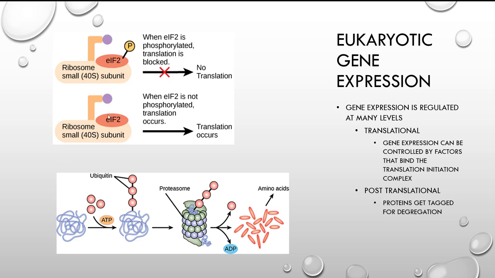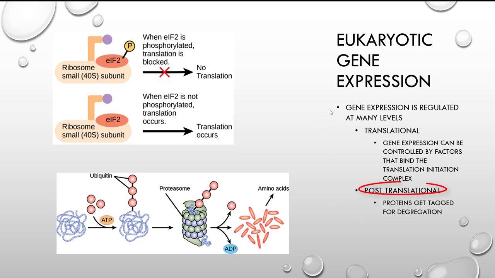Normally it's not blocked, so the next tRNA can come in. Remember, when the large ribosomal subunit moves in, we have the A site, the P site, and the E site. So then the next tRNA can dock. It should be free to dock in the A site, but if something prevents that from happening, translation's blocked. So no translation will take place.